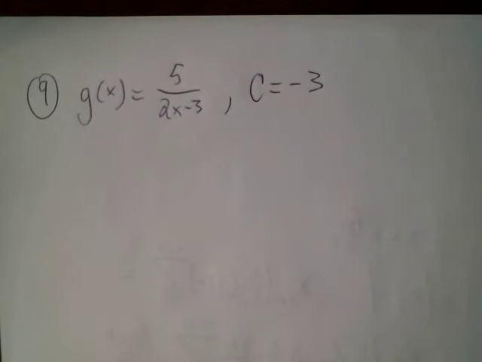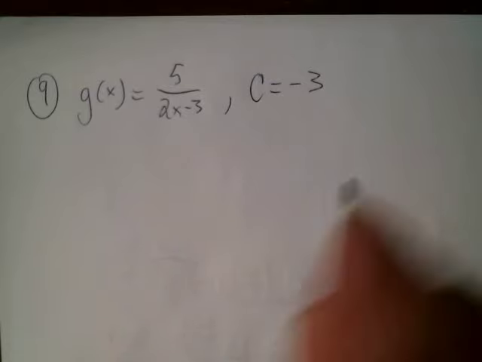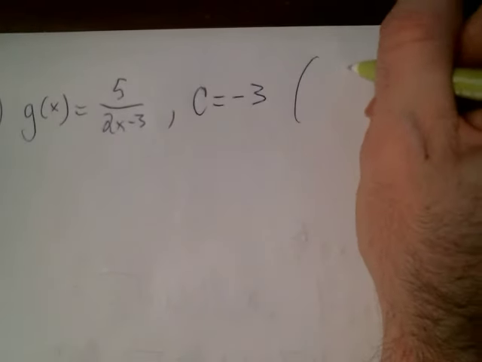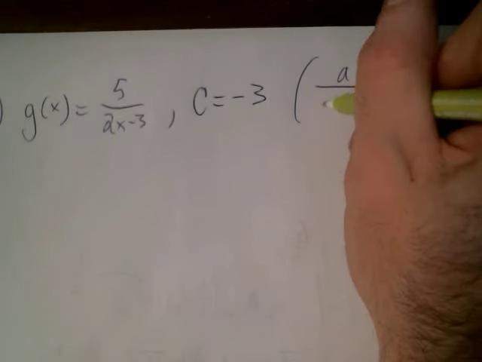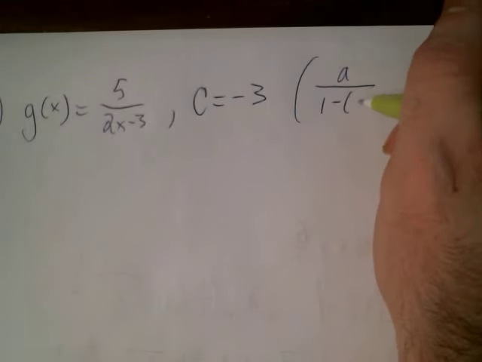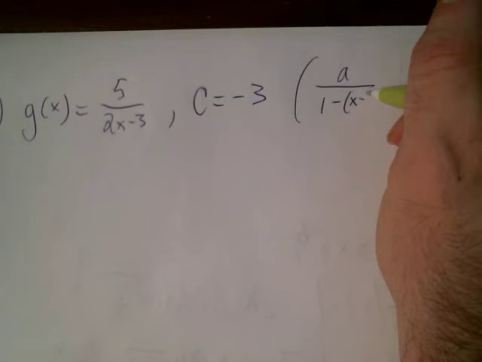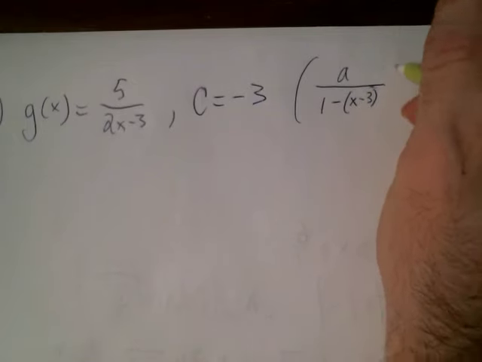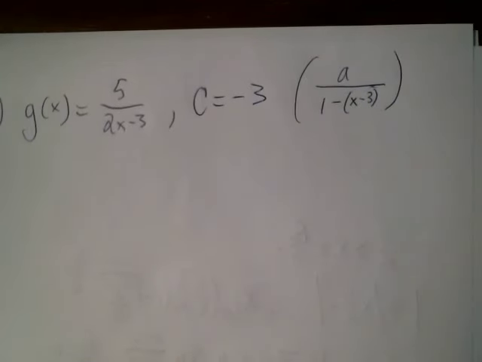Okay. So at the end of the day, I need to have this form of something all over 1 minus x minus our c term.